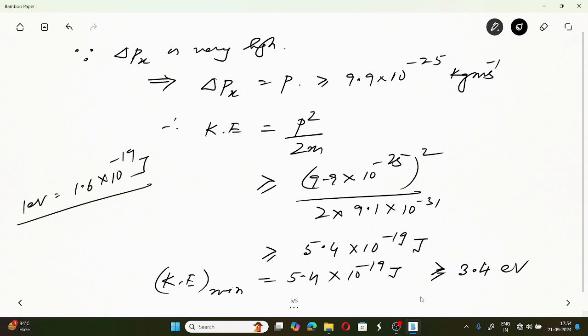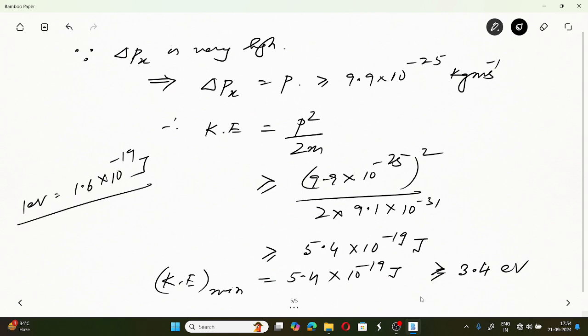So you can convert this into electron volt. Okay, so this is the minimum value of kinetic energy of the electron.